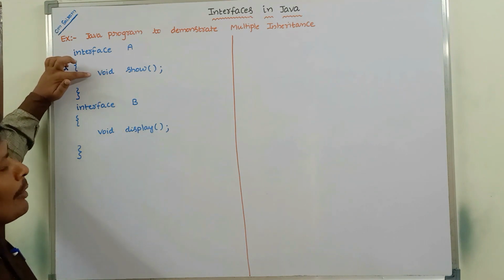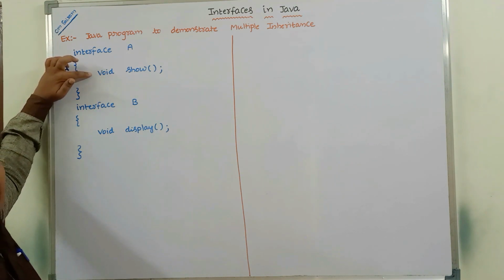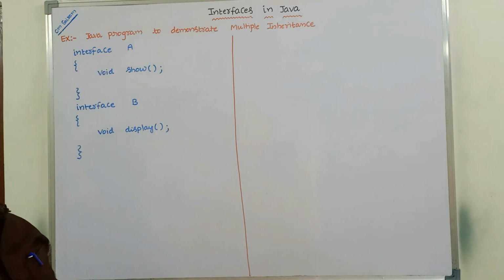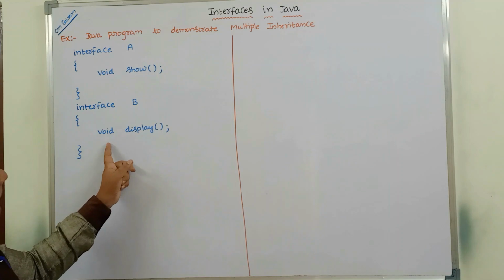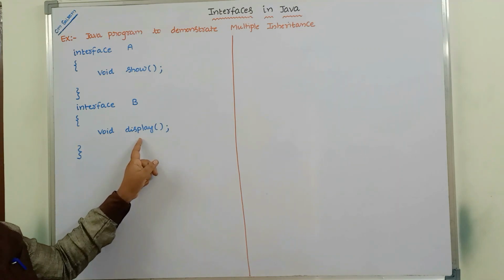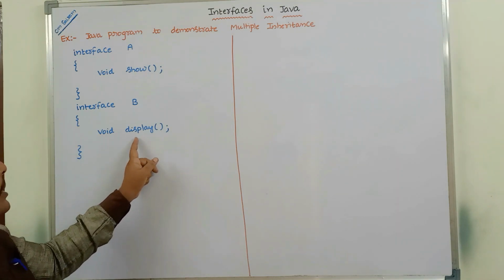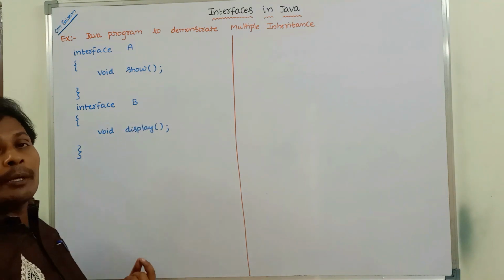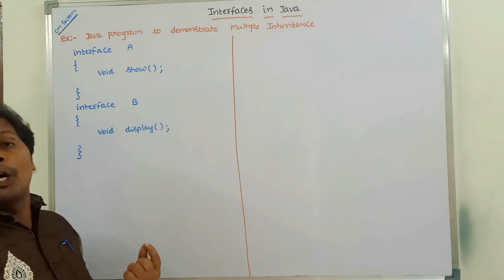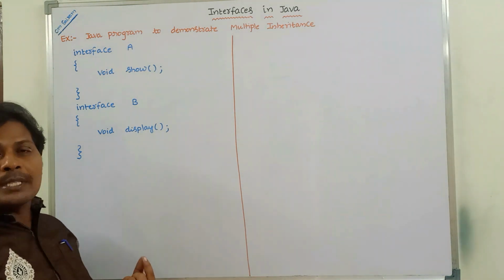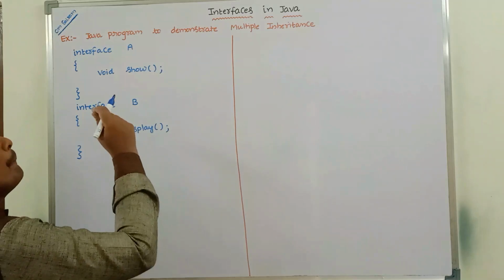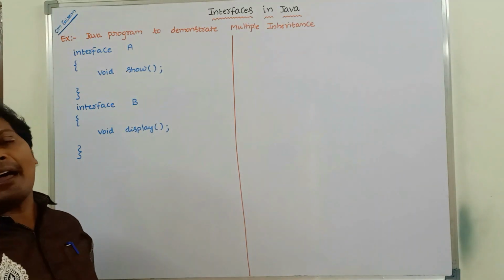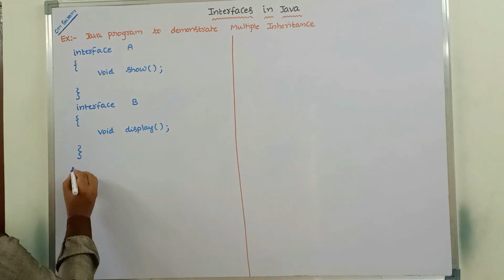Okay. So where do we provide the implementation details for the method present in interface A, and for the method present in interface B? For that purpose, we have to create one class. By using that class, we implement whatever methods are present within the interfaces.